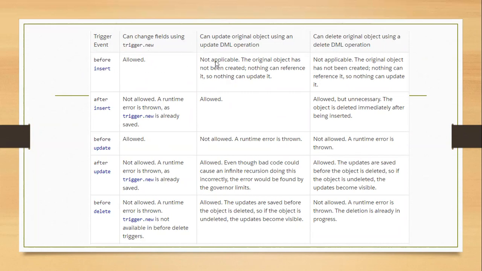Before insert: not applicable, as the original object has not been created. Nothing can be referenced, so nothing can be updated or undeleted. The same applies to the original object that has not been created.